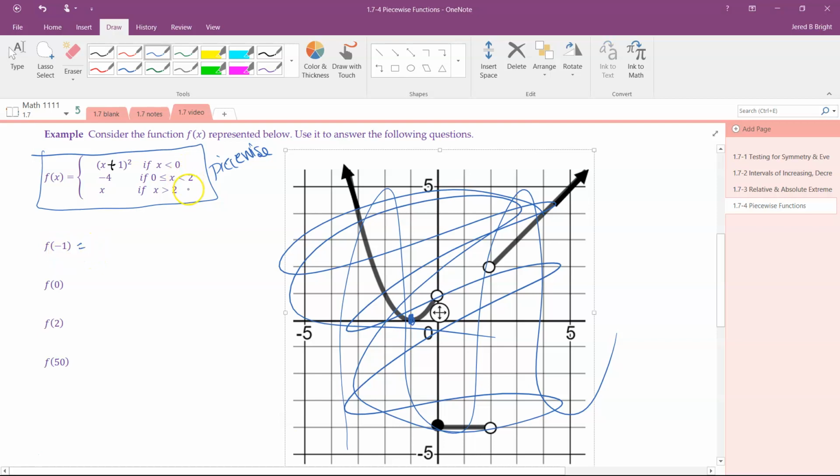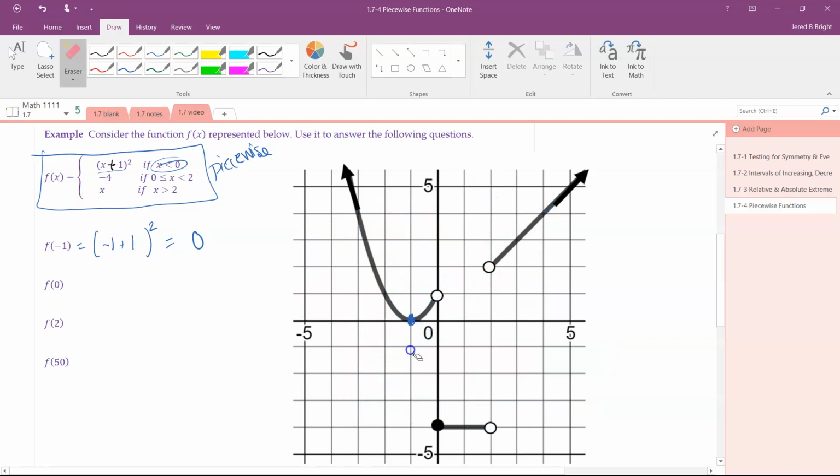Which piece does -1 fall into? It's less than 0, so I'm going to use this first piece. Instead of x, I'm going to put in -1, then +1 and square that. Because I'm using that first piece, I'm not using any of the other pieces. So I just get out 0. That was easy enough. And we can verify that with the graph.